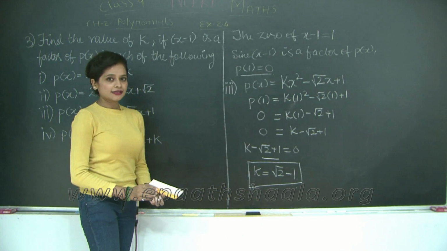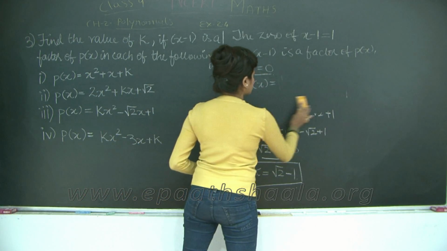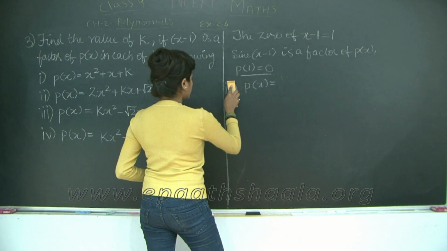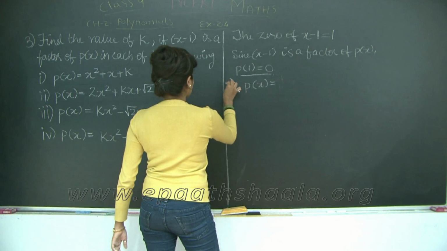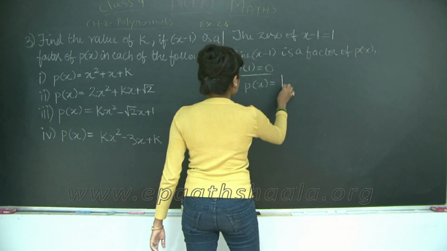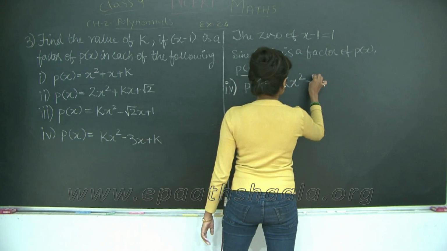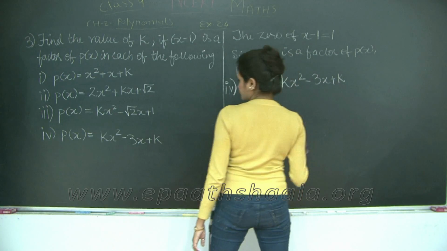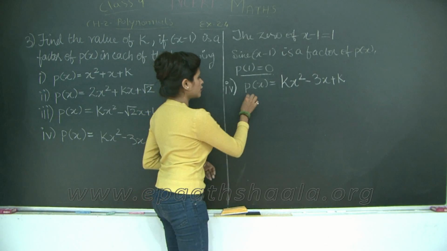Now, let us go ahead and solve the last question. That is question number 4. So, this is kx square minus 3x plus k. I am going to substitute x is equal to 1 in this polynomial.